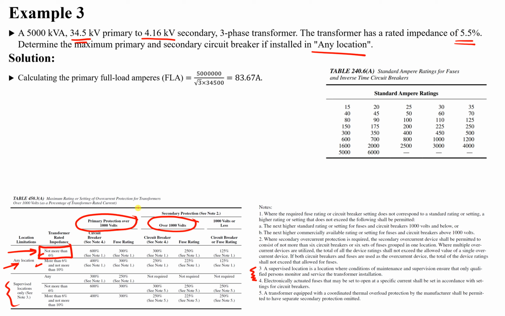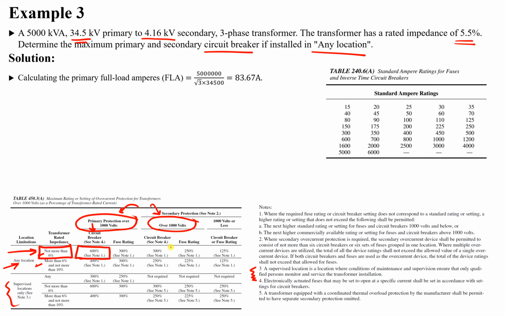This is for the primary and this one for the secondary. Now we have two columns here. We have circuit breaker and we have fuse. What type of protection are you using? Well, I'm using a circuit breaker for primary and secondary. Great. So we are using a circuit breaker, which means I'm going to use this one here.